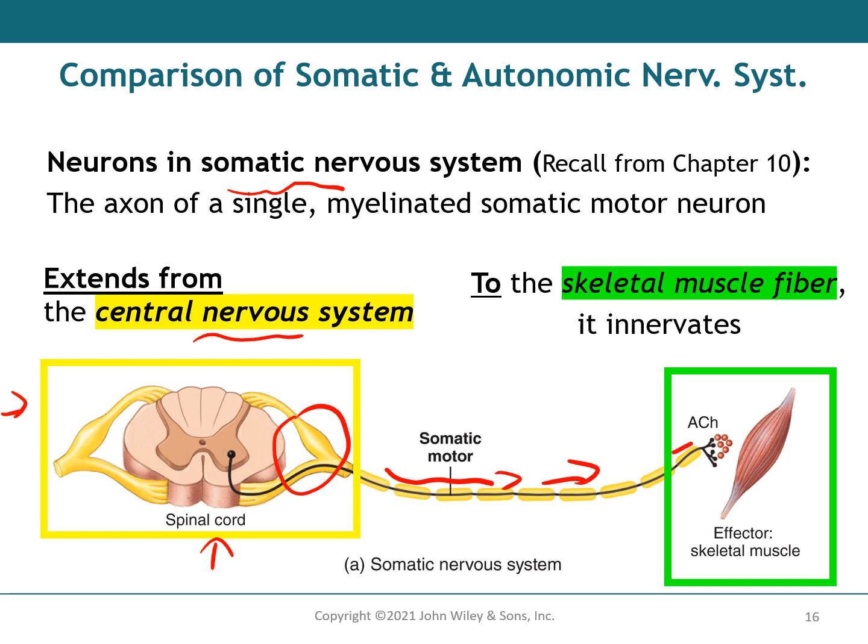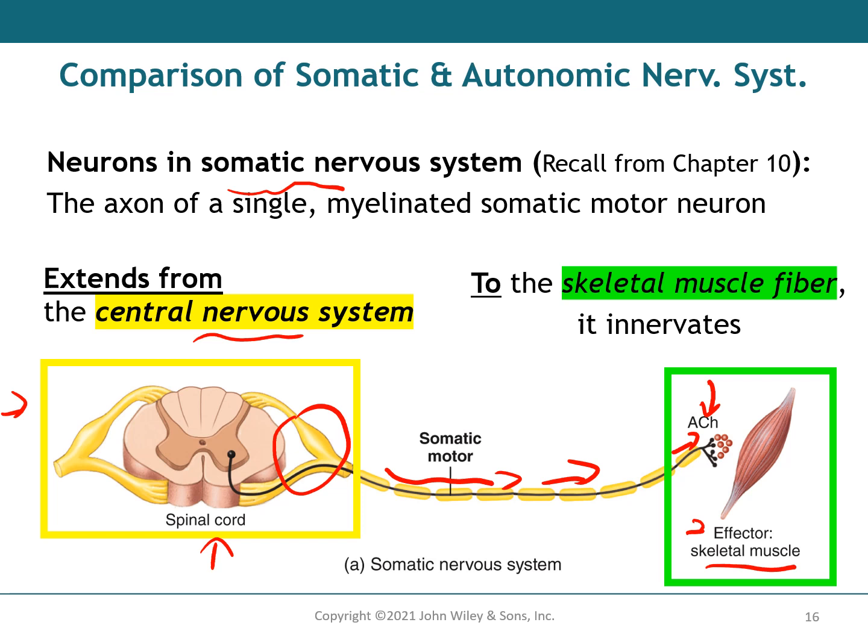At the end, this axon is going to secrete acetylcholine that is going to stimulate the effector. In this case, the effector is the skeletal muscle. So this is what happens in the somatic nervous system.